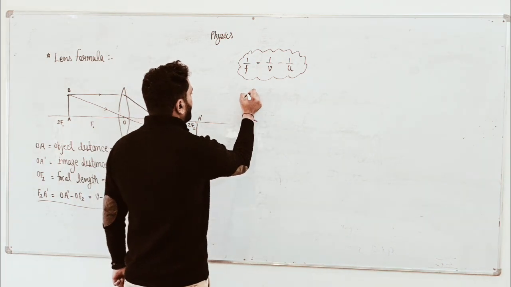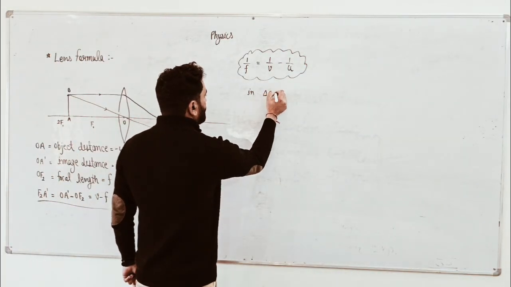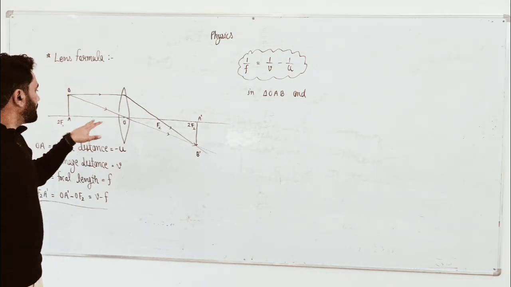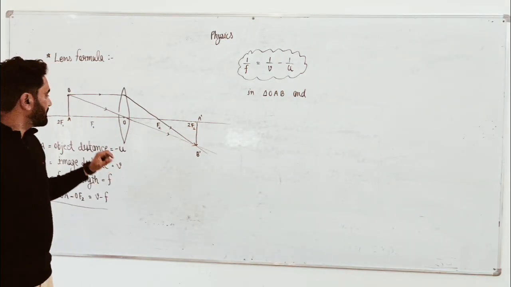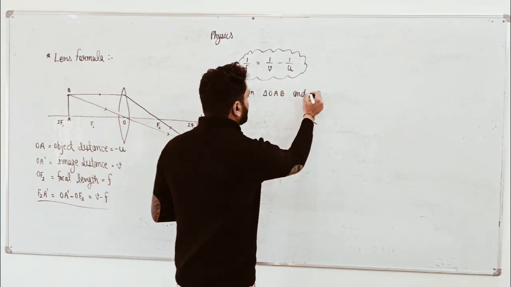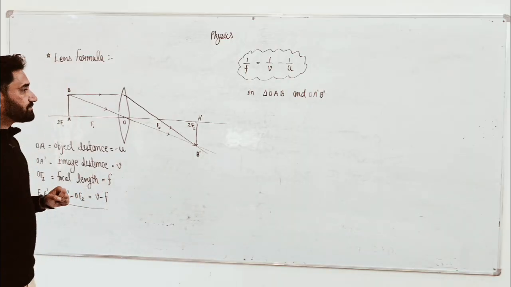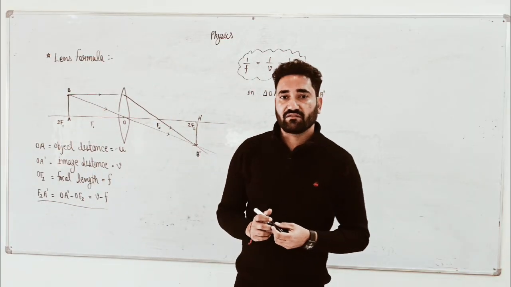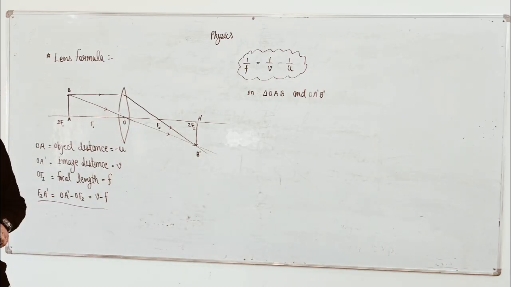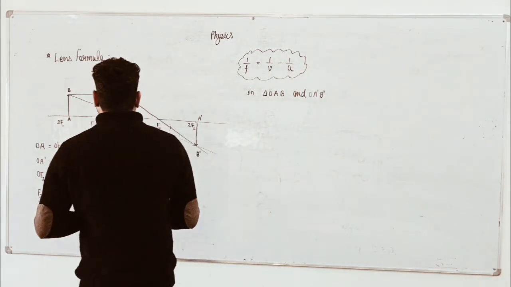I am writing here in triangle, the first triangle we are taking. The ratio of sides in both these triangles, the ratio of the sides are always equal to each other.